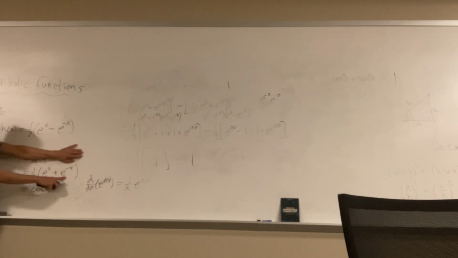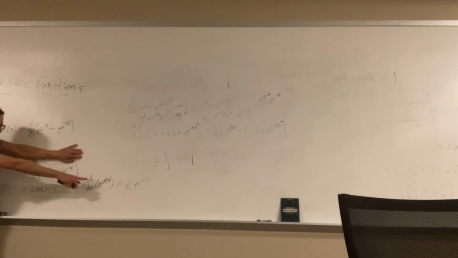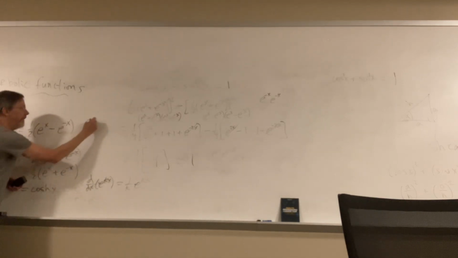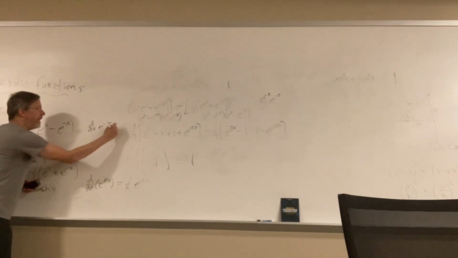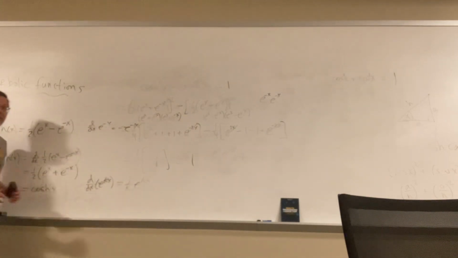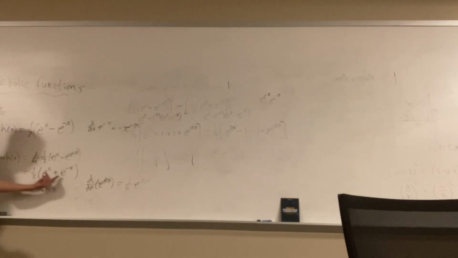It turns into a negative, right? The derivative of e to the negative x is negative e to the negative x. So when I take this derivative, it becomes a minus inside, and that is hyperbolic sine.